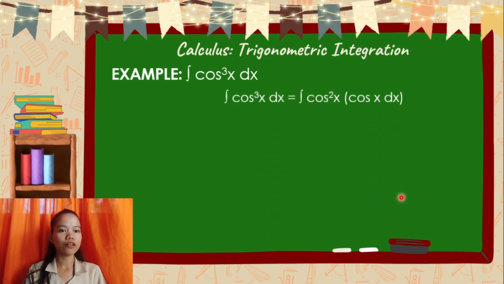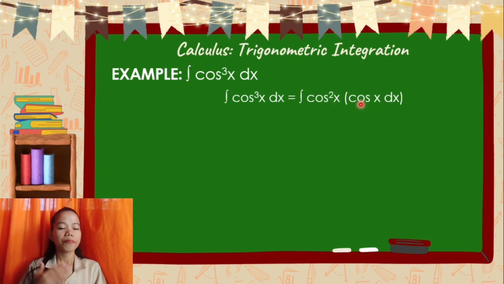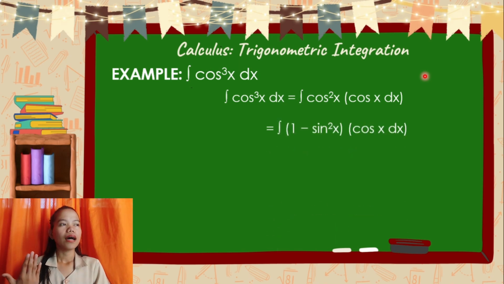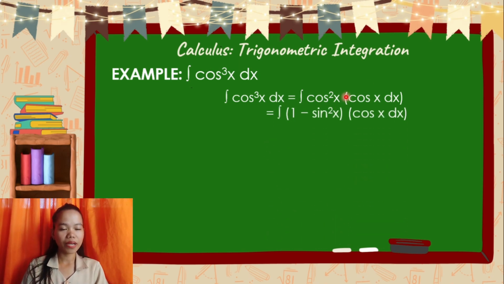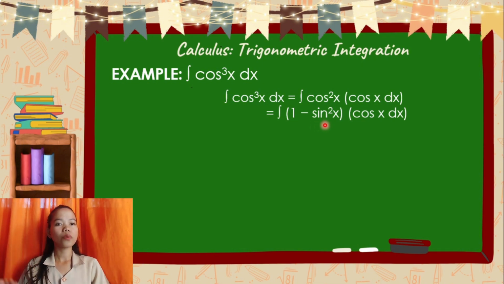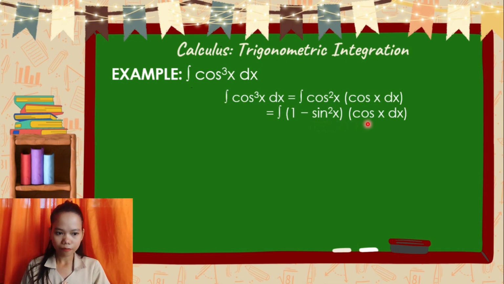The integral of cosine cubed of x dx equals the integral of cosine squared of x multiplied by cos x dx. Since cosine squared of x has an identity, which is 1 minus sine squared of x, we write cosine squared of x in terms of its identity.